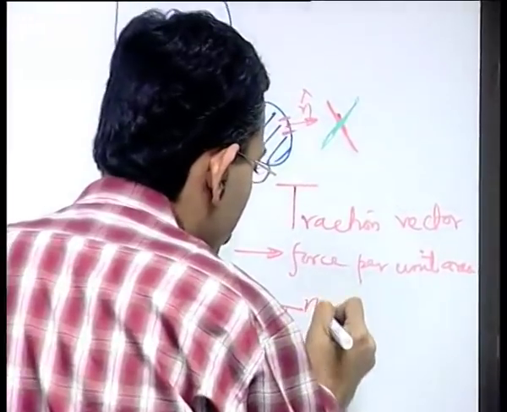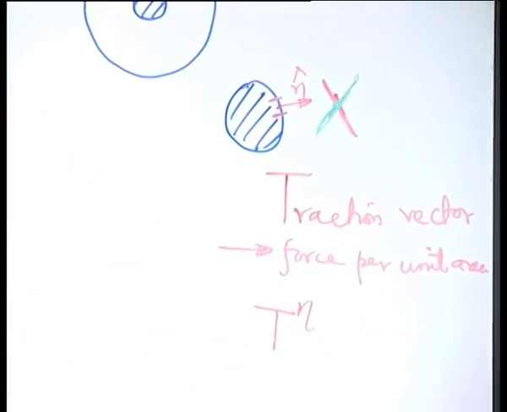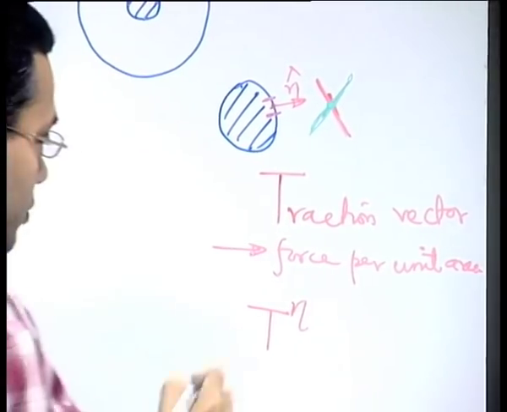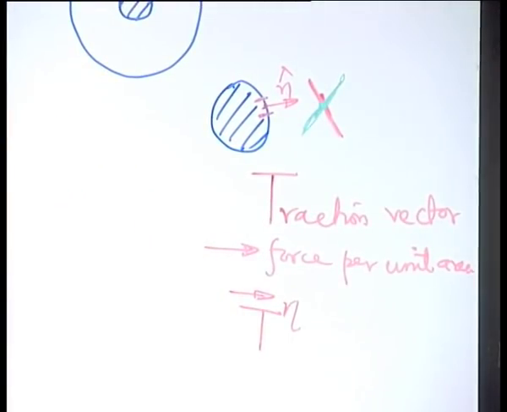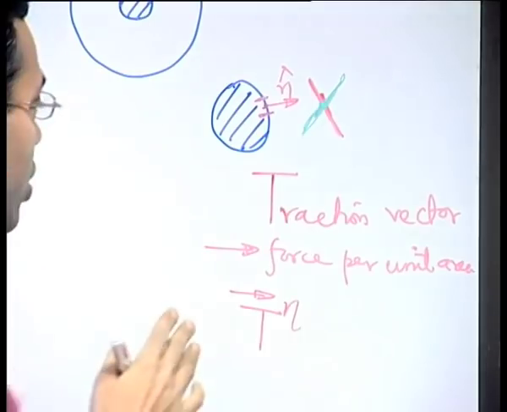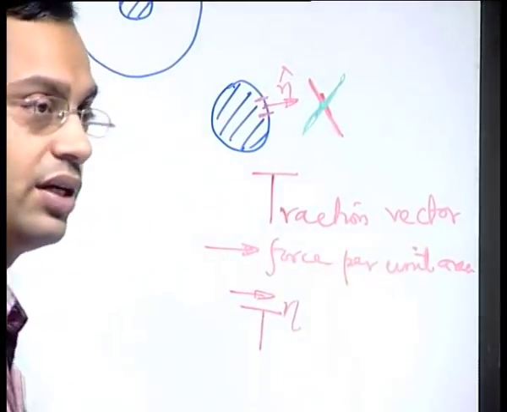So, T with superscript eta is a formal way of designating the traction vector, where the superscript eta signifies the orientation of the normal to the surface on which this traction vector is calculated.